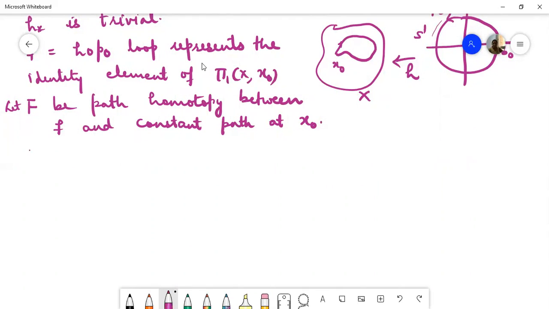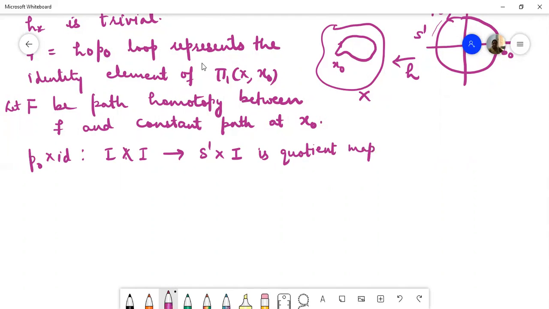And now secondly, P naught cross identity. P naught is a mapping from I to S1 and identity is from I to I. So we define a mapping I cross I to S1 cross I, which is actually P naught cross identity. And this is a quotient map because P naught is a continuous closed surjective mapping and identity is also a continuous closed surjective mapping. So it is a quotient map. And it maps 0 cross t to B naught cross t, because under the mapping P naught, the image of 0 is B naught.